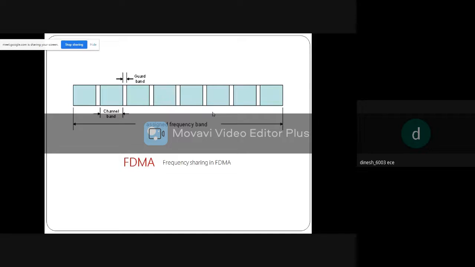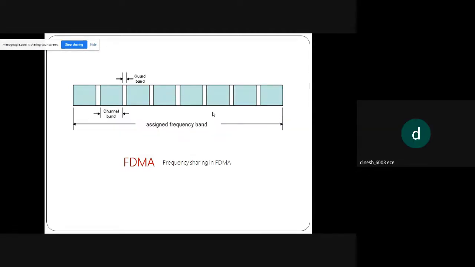We have a channel bandwidth assigned for every frequency, which is pre-assigned. Signals 1, 2, 3, 4, 5, 6 are divided into different frequency bands.